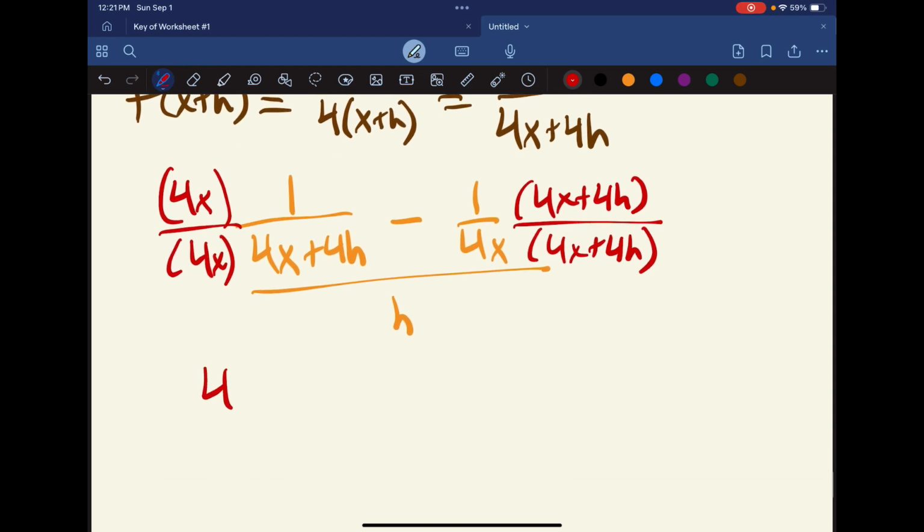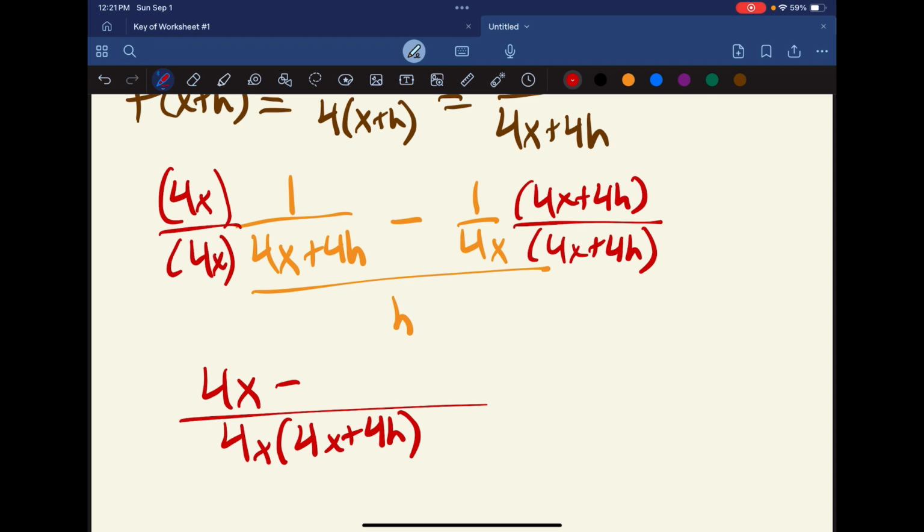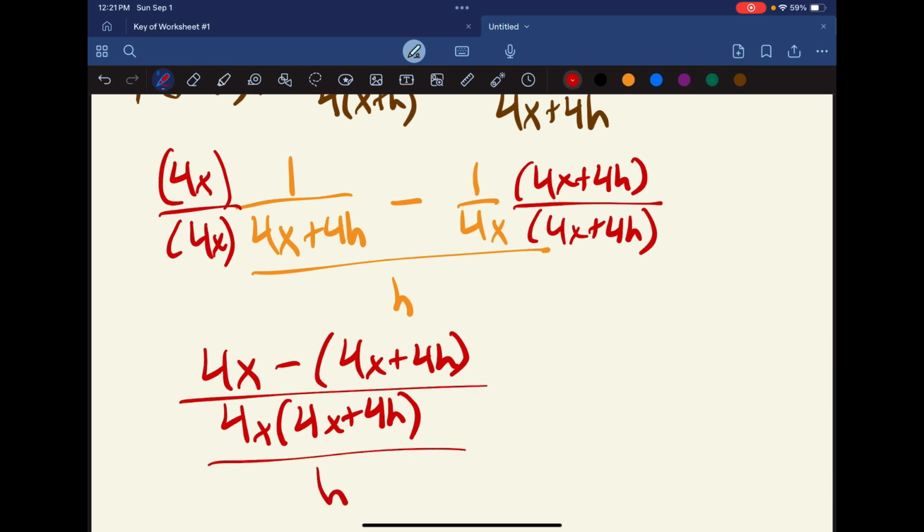So when we do that, we get one whole fraction with a denominator of 4x times 4x plus 4h, and then the numerator becomes 4x minus 4x plus 4h, still all over h.